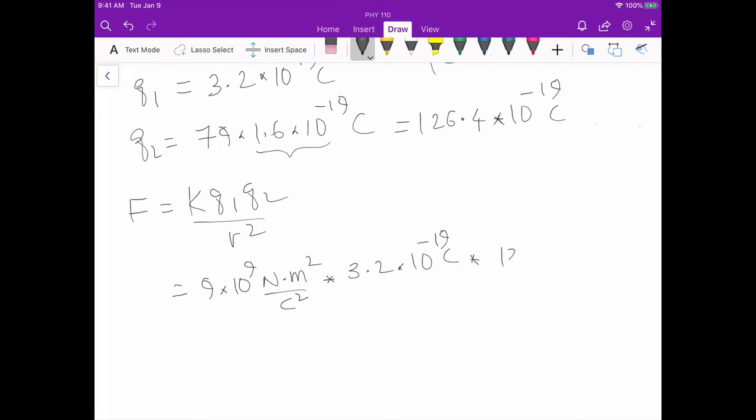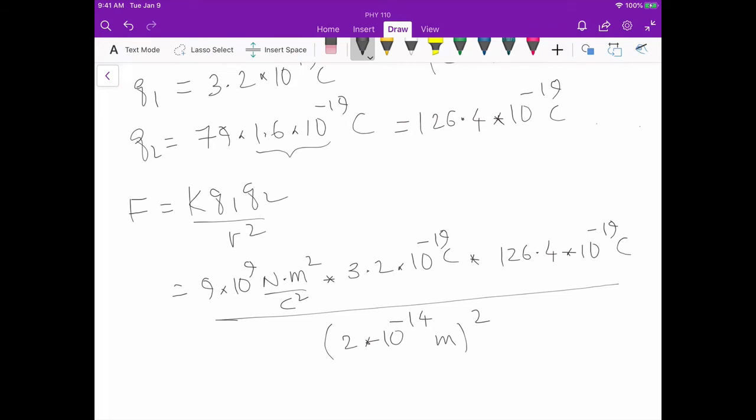Then Q2 is 126.4 times 10 to the power of negative 19 Coulomb. And the distance is 2 times 10 to the power of negative 14, squared. Make sure that you square that value.